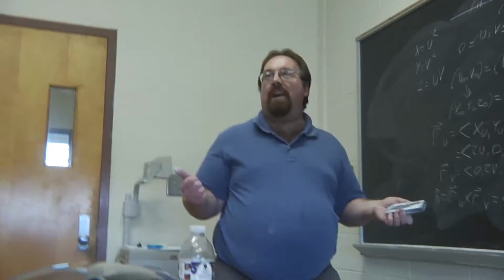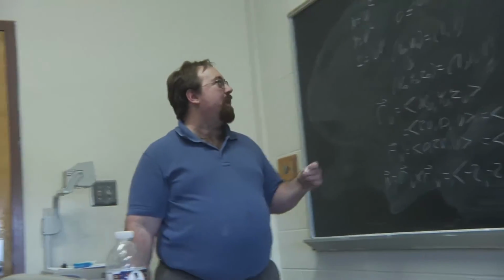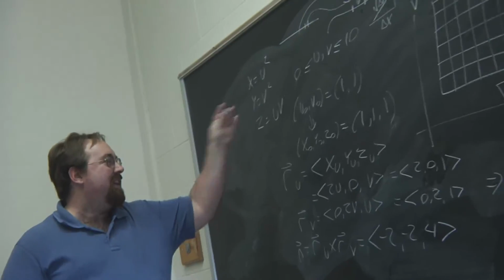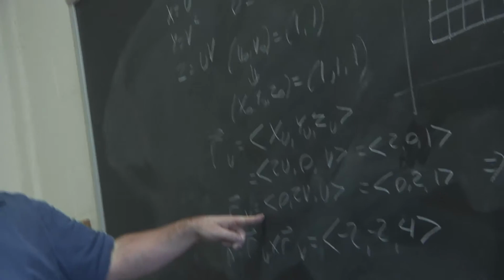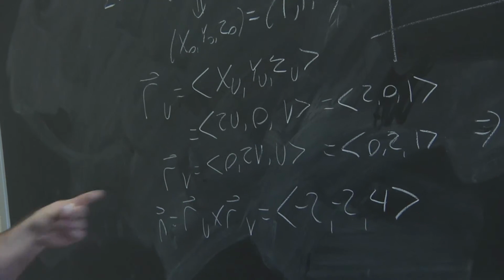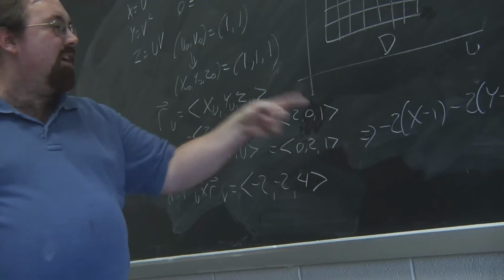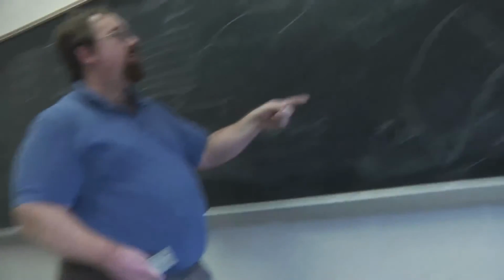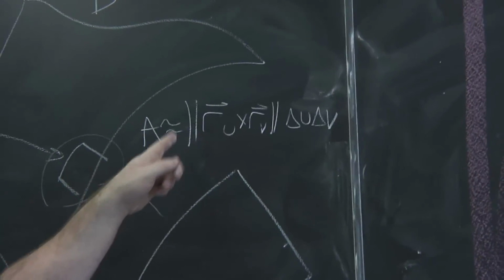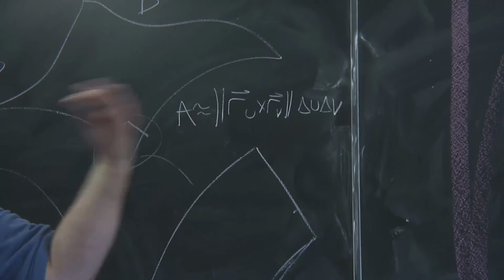What will happen on the exam is that if I give you a parameterization of a surface, you compute these vectors, RU and RV, so that's not going to be terribly difficult. It's a differentiation, in theory. Then you compute the cross product, which is a function of U and V. Then you take the magnitude of that vector, so the square root of x component squared plus y component squared plus z component squared.